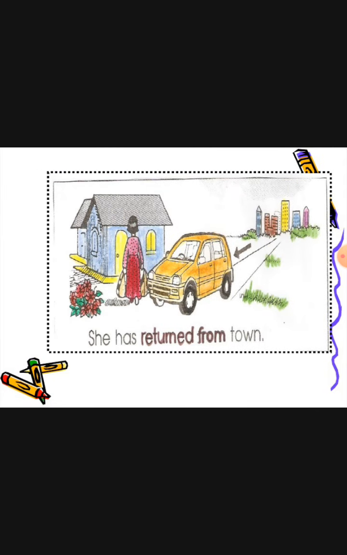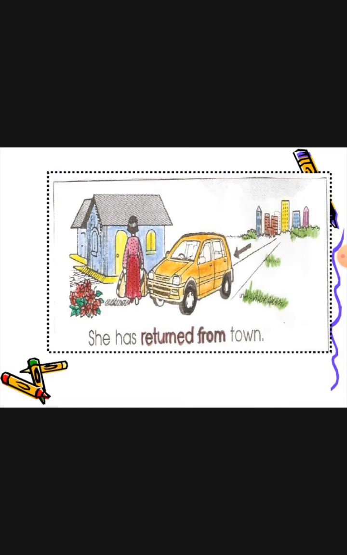Now see the next preposition, and that is from. She has returned from town. It means when the connection is getting over, it is getting finished, the connection is being removed, then we have to use from. I'm coming from school. It means now my connection with the school is getting over.